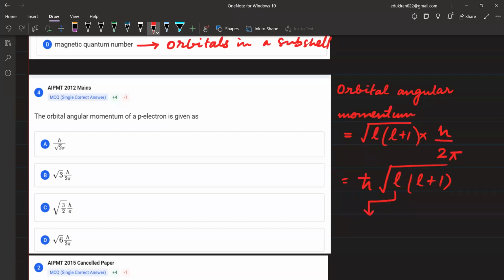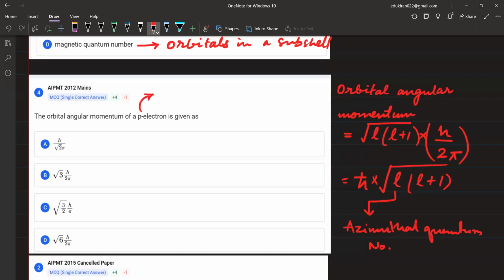L है आपके पास यहाँ पे अजीमुथल क्वांटम नंबर। ठीक है, इससे एक और सवाल आया था जिसमें h क्रॉस के टर्म्स में दिया हुआ था, तो दोनों फॉर्मूला लिख लीजिएगा आप लोग। अब इसमें लड़ाई मत कीजिएगा, h क्रॉस यहाँ पे आएगा या फिर it will be on the left hand side, on the right hand side, both यहाँ लिखिए, both of them are same thing. बस ये ध्यान रखिएगा, it is multiplied by h क्रॉस जो है रूट के अंदर नहीं है। ठीक है, this is separate thing.